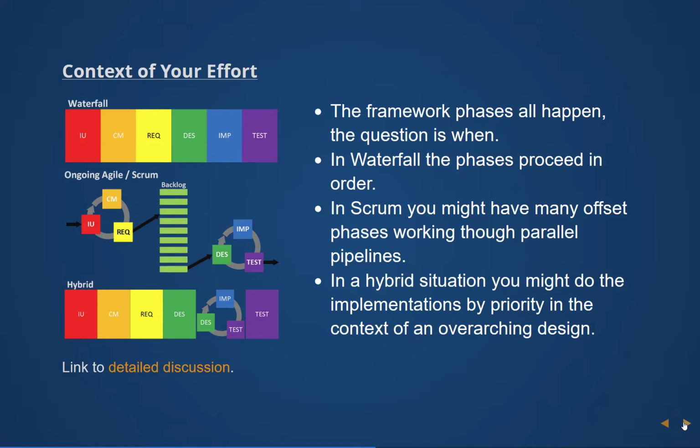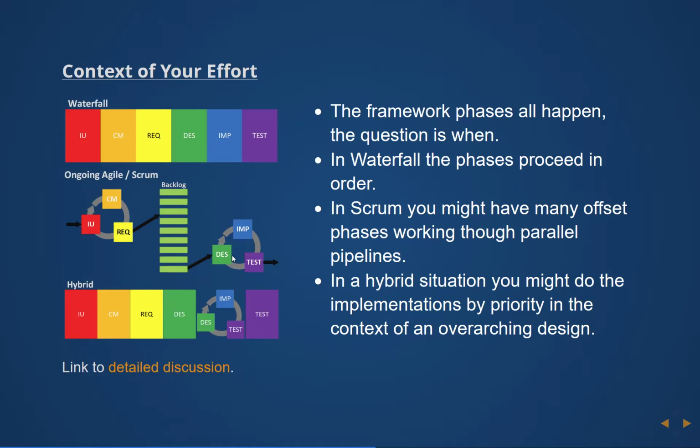So if you're doing explicitly Agile and Scrum, you will go ahead and do the first three phases: intended use, conceptual model, and requirements to put items in a backlog, and then you'll groom that in priority order.